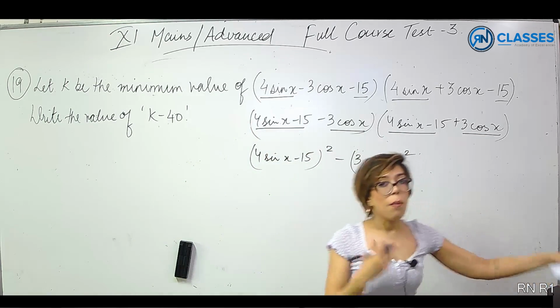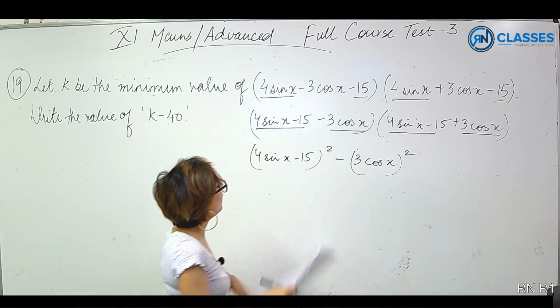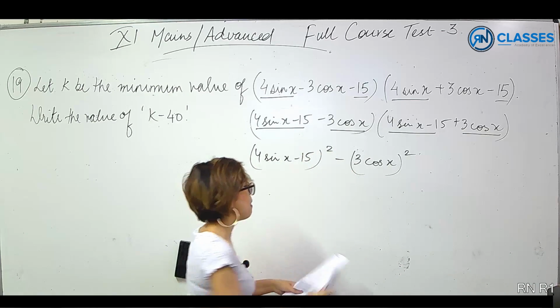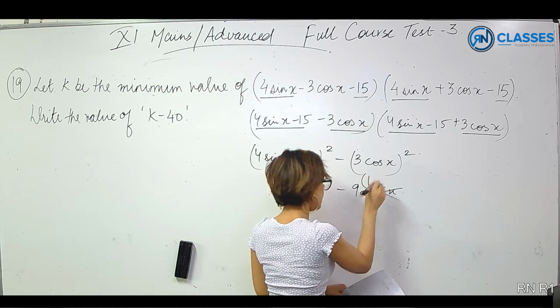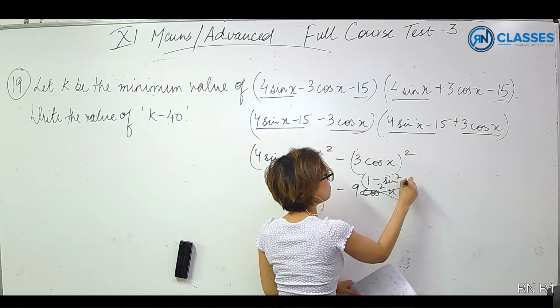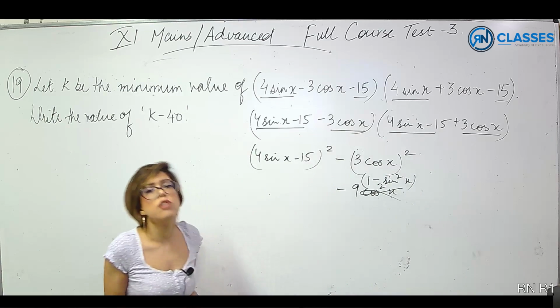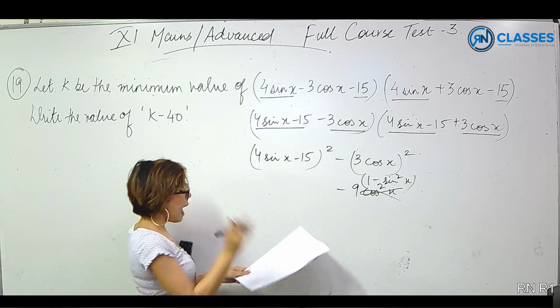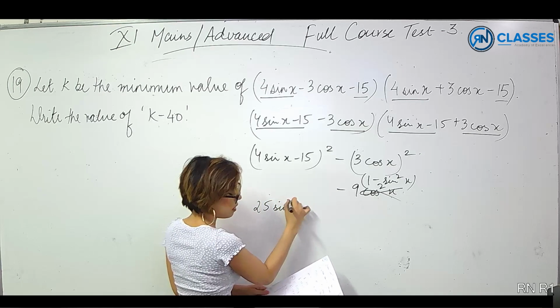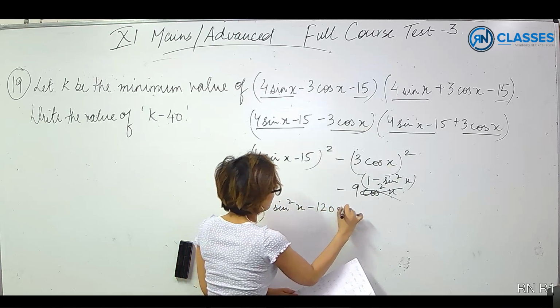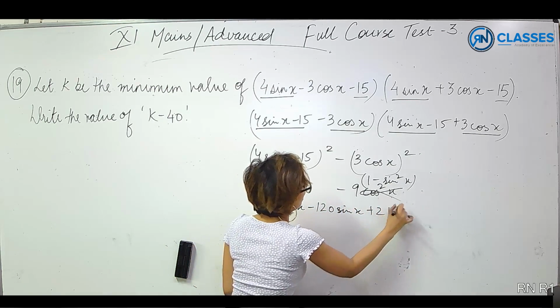Right? If I open this up, I will get minus 9 cos square x, which I will write as 1 minus sin square x. I will try to change it into simple trigonometry. Right? And the last expression that I get is 25 sin square x minus 120 sin x plus 260.